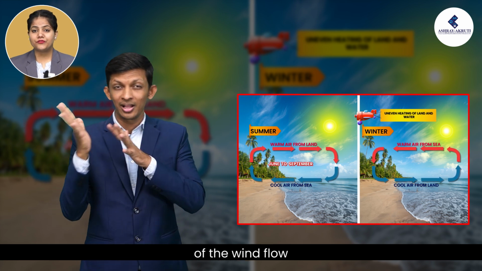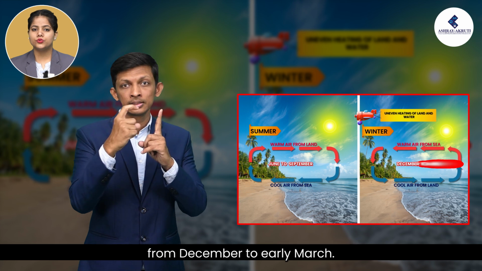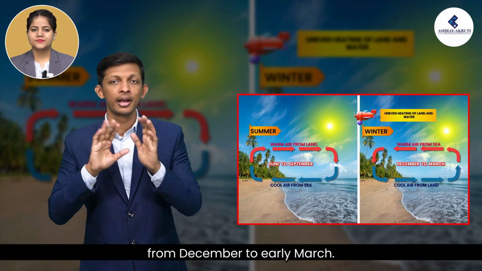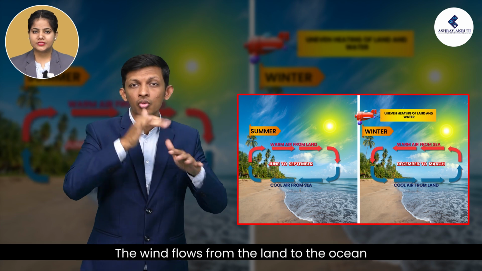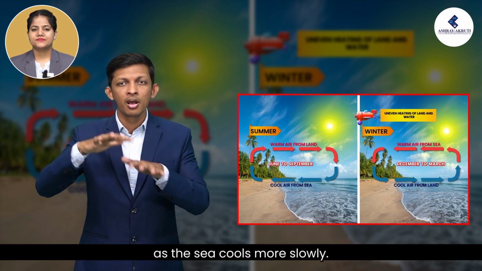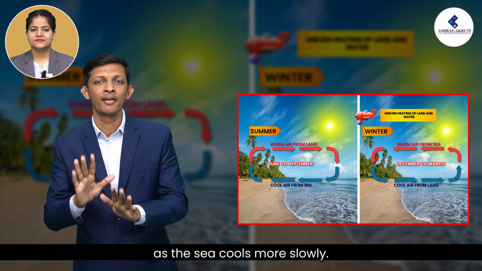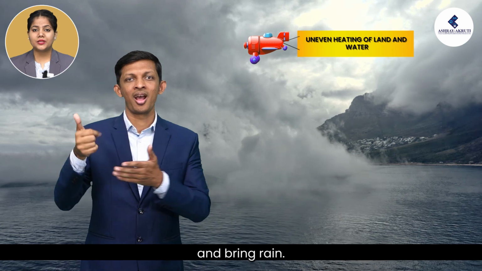The direction of the wind flow is usually reversed in the months from December to early March. The wind flows from the land to the ocean as the sea cools more slowly. The winds from the ocean carry water and bring rain.